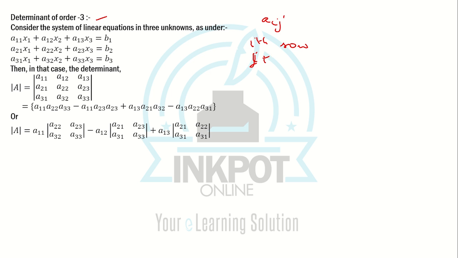That's just something to keep in mind. So as I was saying, here you have a11, a12, and you now have 3 variables. 3 equations in 3 variables would give rise to a 3 cross 3 matrix, the determinant of which can be calculated in the following manner.